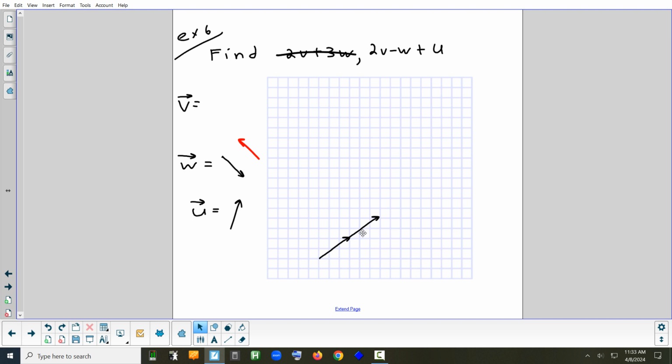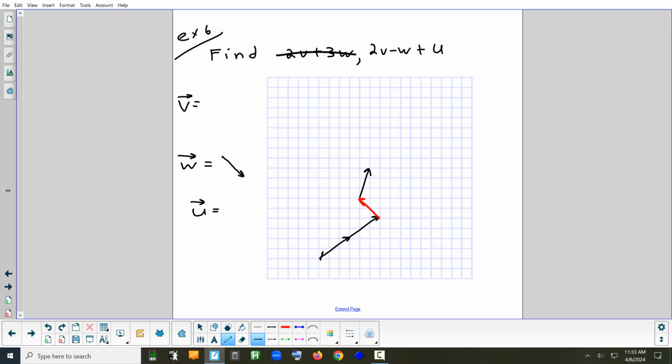Negative w. So let's put the negative w on there. And what about on the end of negative w? Yeah, we need a plus u.